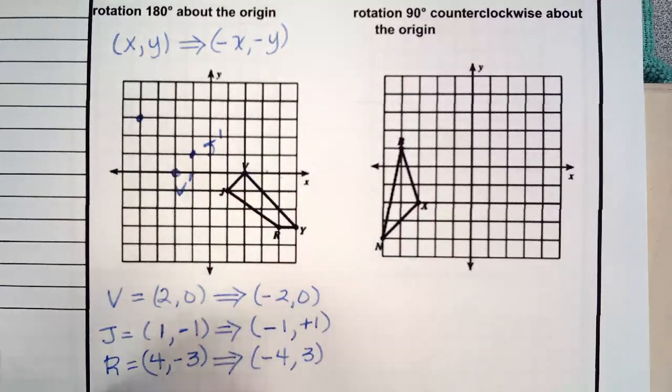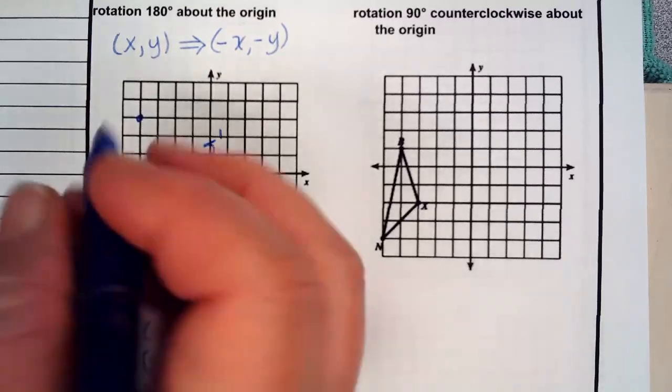And finally, Y. Y is 5, -3. Y prime will be -5, +3.